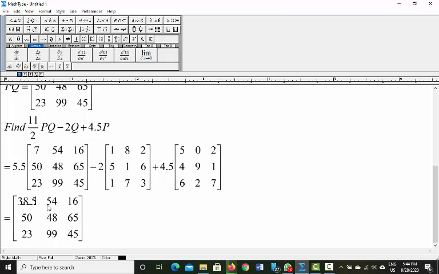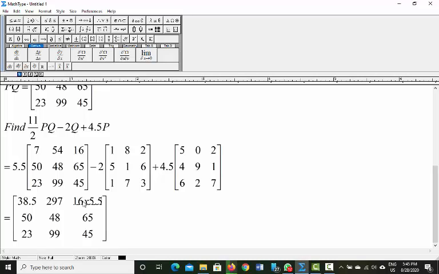Now 54 multiplied by 5.5. All the individual elements should get multiplied by 5.5. So 5.5 multiplied by 54 is equal to 297. Similarly, this one should also get multiplied by 5.5.